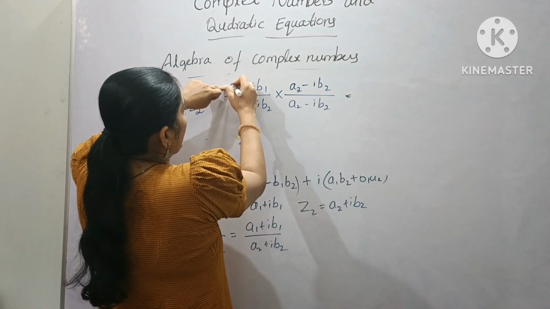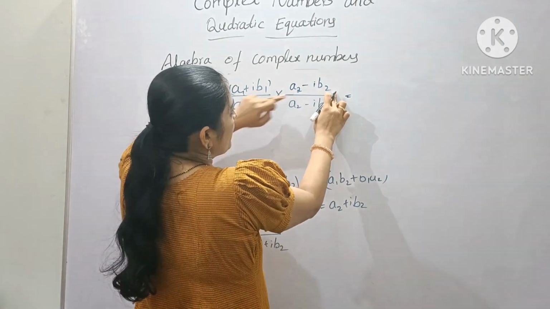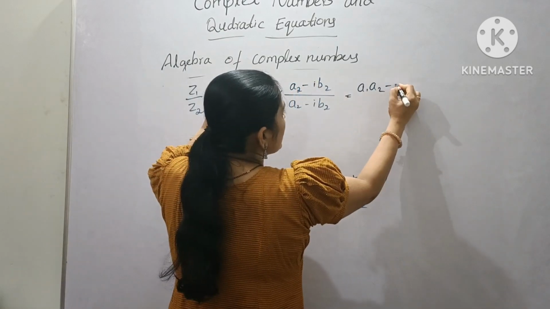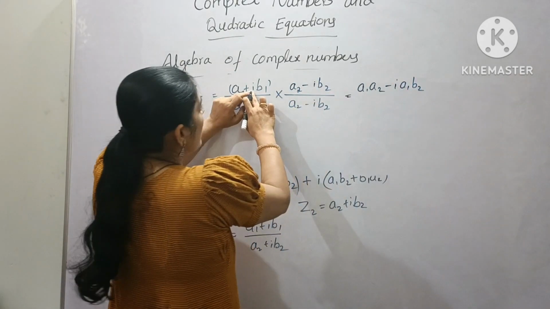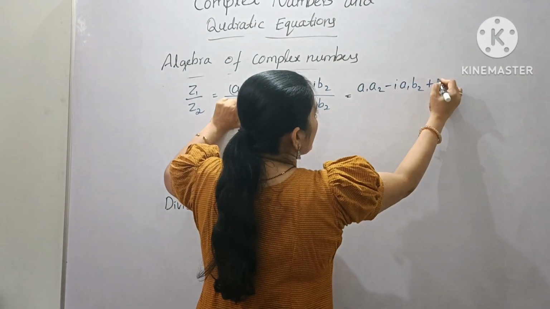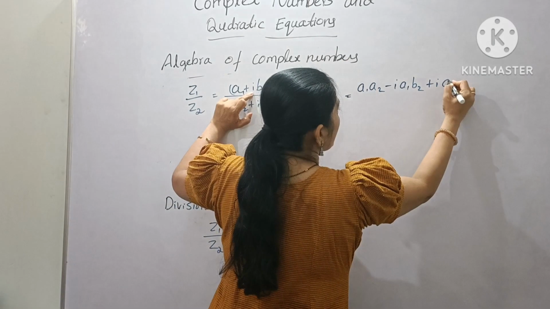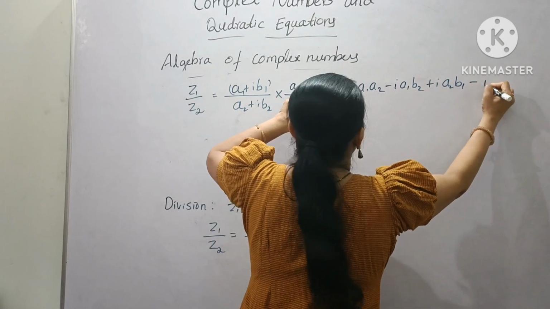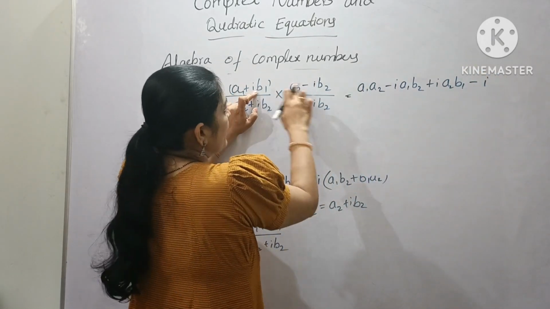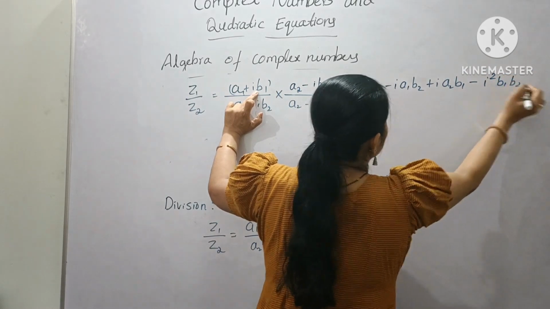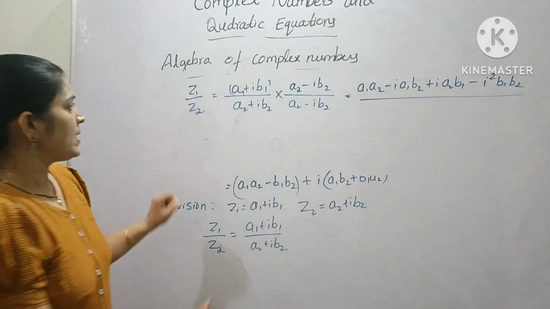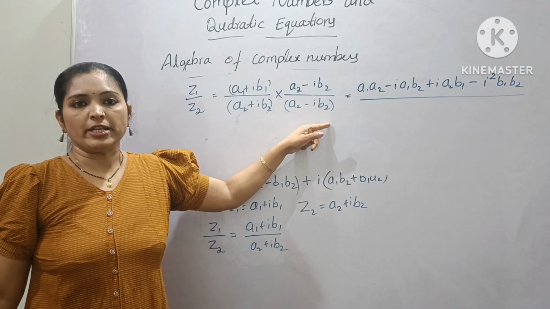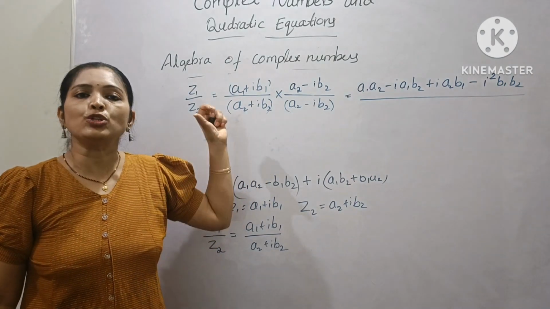(a1 plus ib1) into (a2 minus ib2). Simplify: a1 a2 minus i a1 b2 plus i a2 b1, minus i square b1 b2, divided by, now it is of the form (a plus b) into (a minus b).